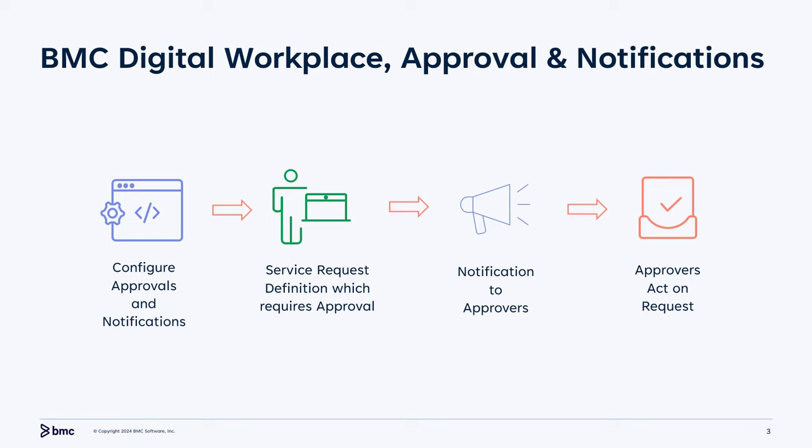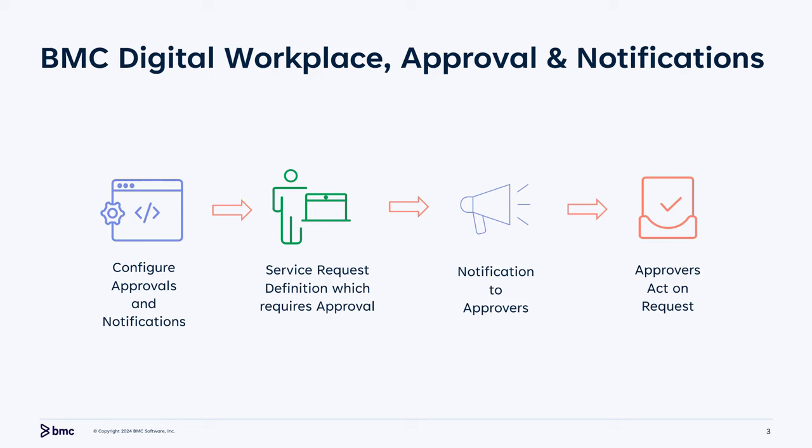So, what is an approval? An approval is an end-to-end process with an approved outcome. When working with Service Request Management, using service request definitions, service request services, or Digital Workplace workflows, there can be times when requests need approvals from someone, according to your needs.